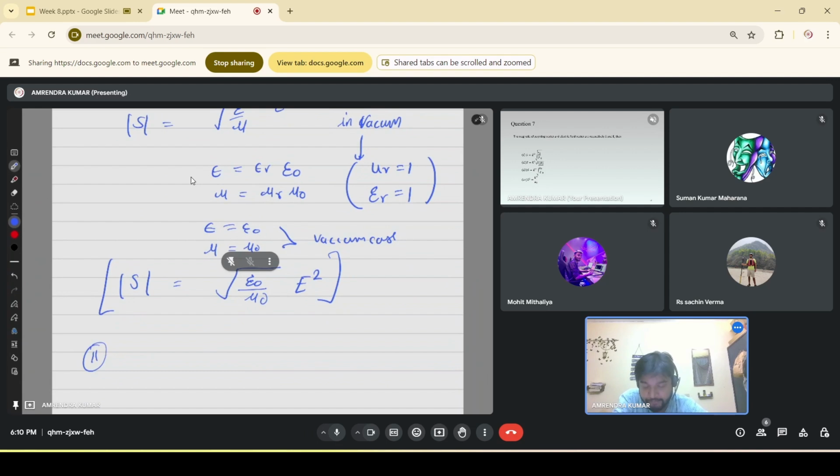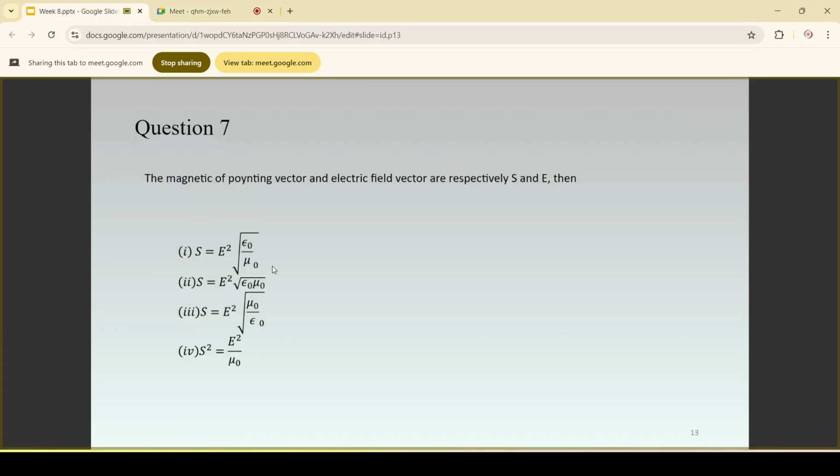So this is how it's coming out to be. Now our next question is, some options are not dimensionally correct, because S square has to be E to the power 4 somehow, because the definition says E into V, and V is some velocity. So if you are doing S square, it has to be E square into B square or E to the power 4, something like that.